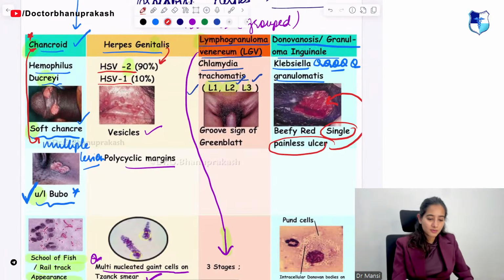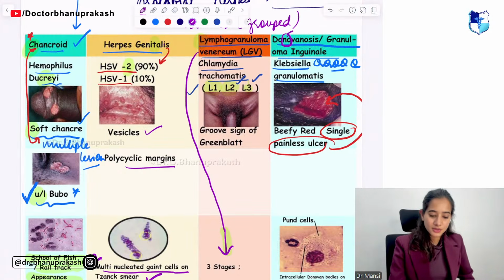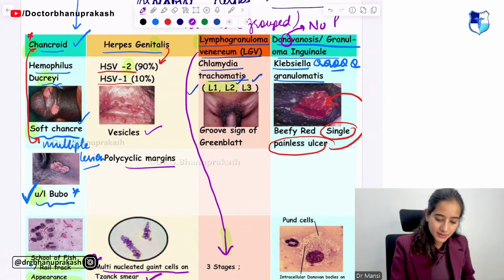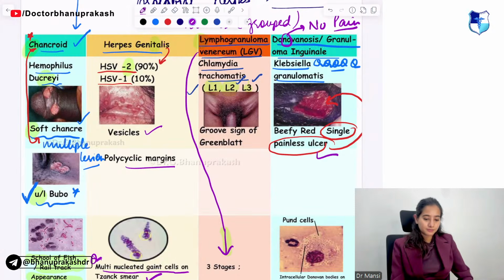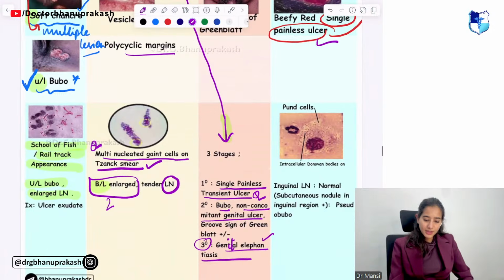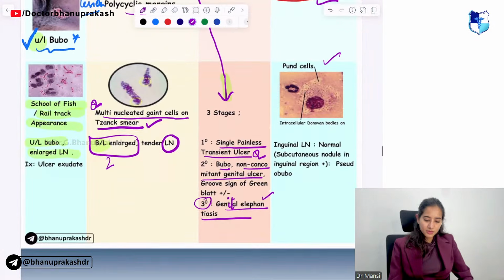So donovanosis, you can remember 'no', there is no pain in this condition. This is single again, and it bleeds on touch. There are Donovan bodies, which you will study in your microbiology again, and the inguinal lymph node is normal.